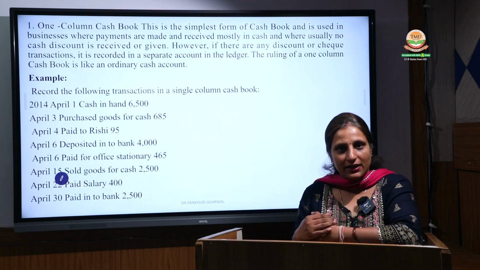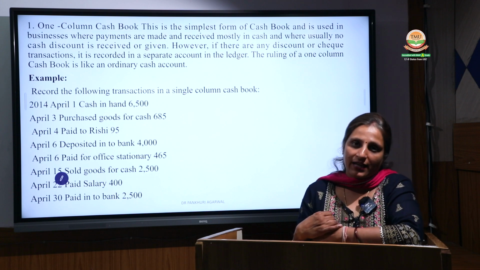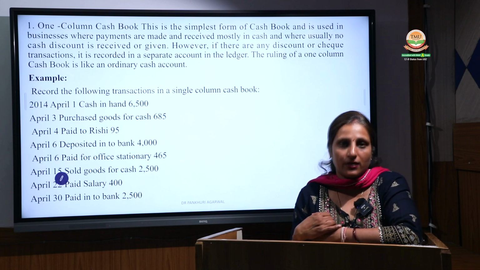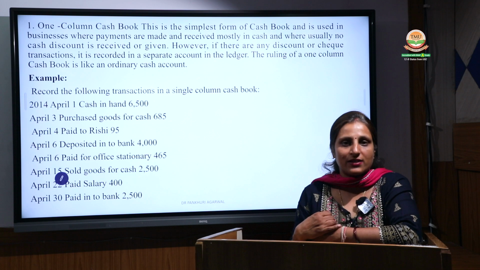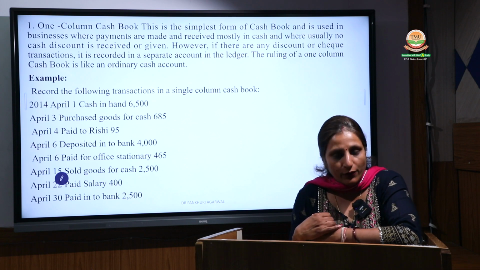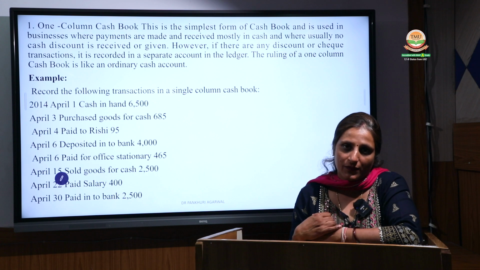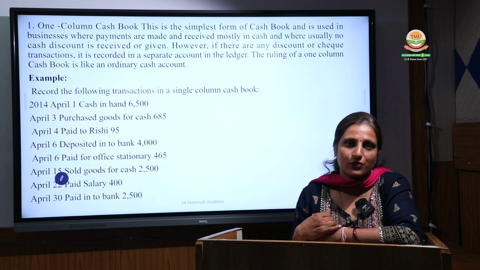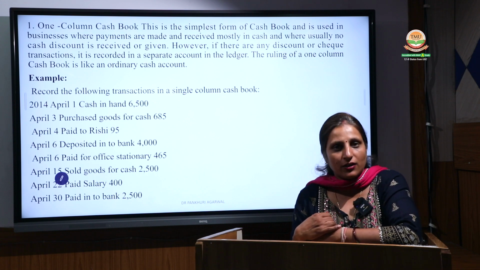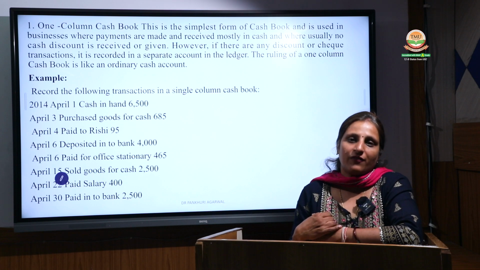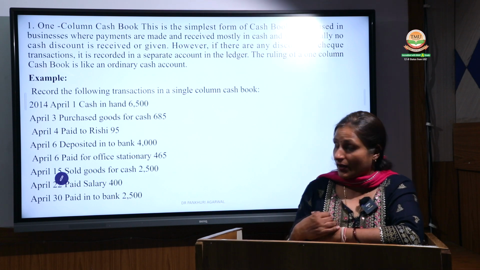As I explain how the entries are posted in the cash book, it also makes it clear how you prepare the various accounts and how you prepare the ledger. Basically, the purpose of the ledger is to calculate the balances. In the single column cash book also, we calculate the balances.